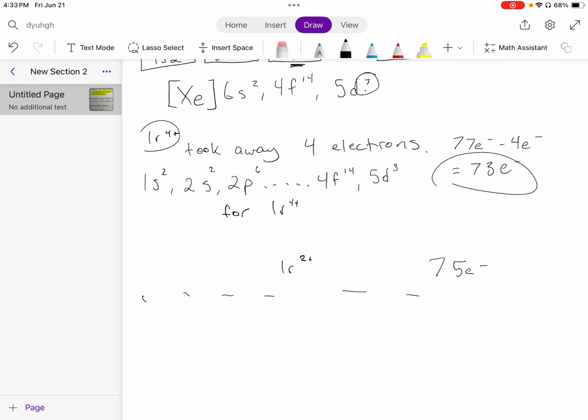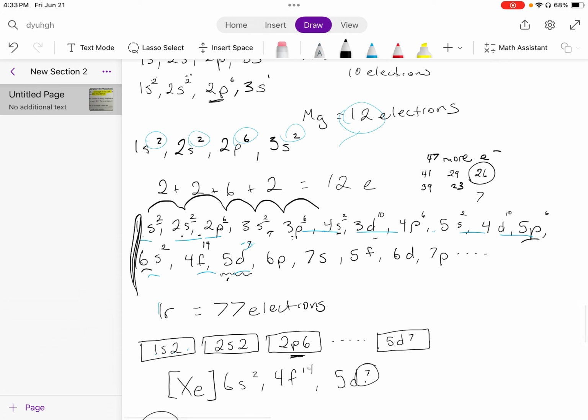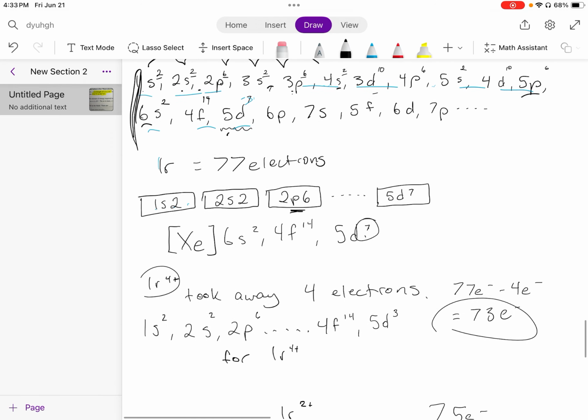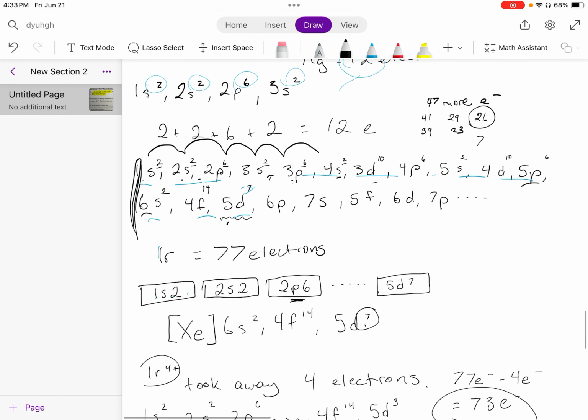So just don't make any typos when you type, and again, you can always double check. Honestly, let's double check by counting our exponents and seeing if it adds up to 77.